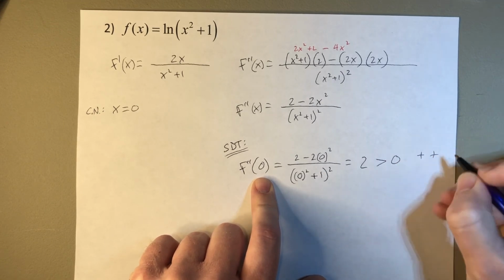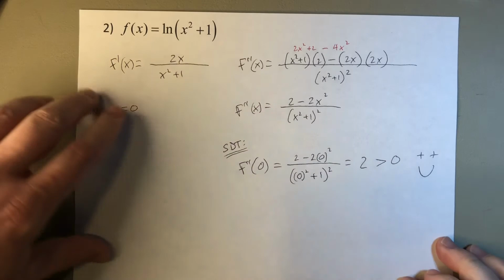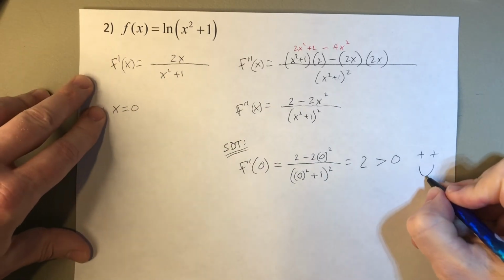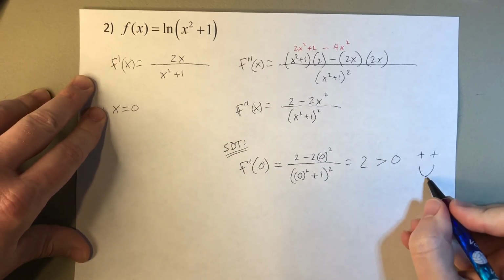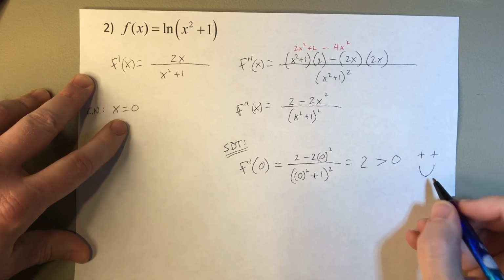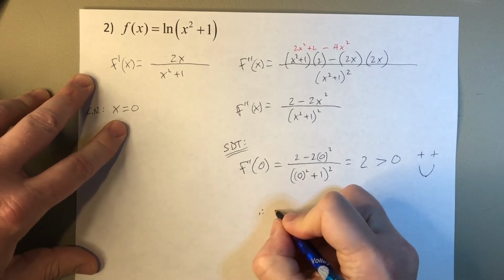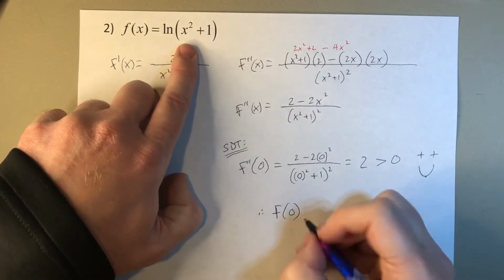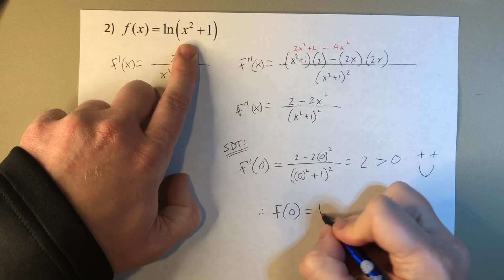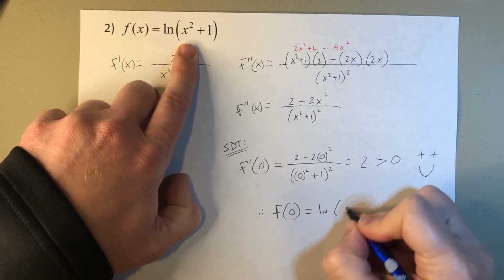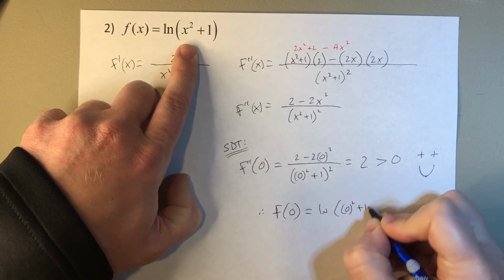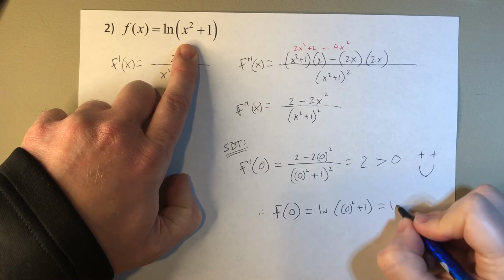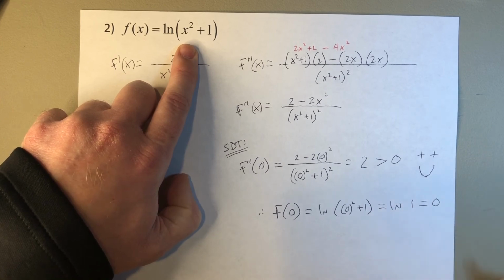If it's positive, you're thinking happy face. And happy face, well, on the bottom of this, there's a little bump. There is a minimum, right? It's the bottom of this smiley face. So therefore, at f of 0, go to the original function, f of 0, which would be what? The natural logarithm of 0 squared plus 1, which would be ln of 1, which is 0.